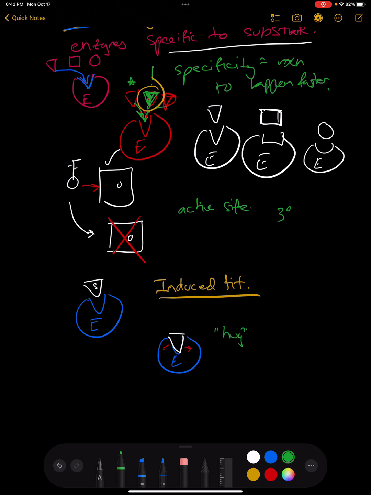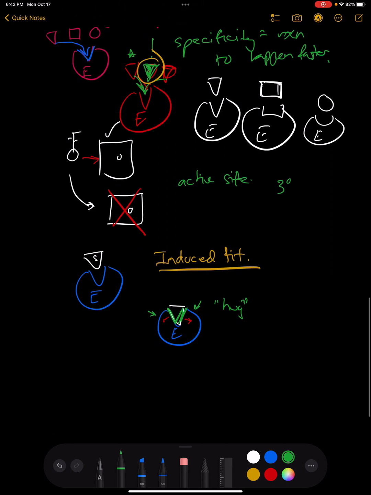It fits in there, but then it's like, nah, I'm going to grab onto you super tight. That's called the induced fit, because your enzymes will change shape just a little bit, not a whole lot, so that way the substrate fits in there better. And if the substrate fits in there better, then your reaction can happen even more quickly, right?